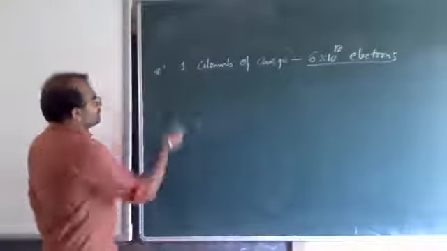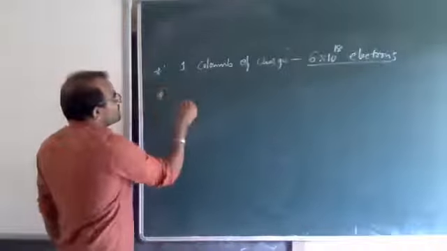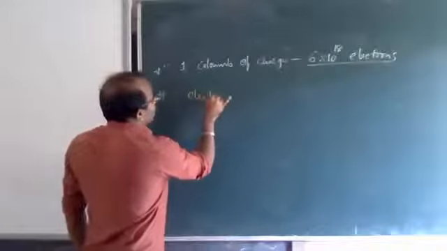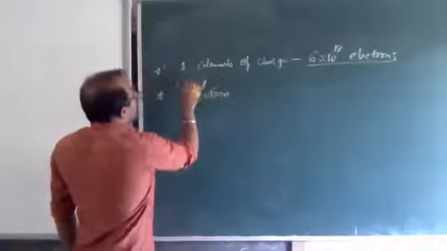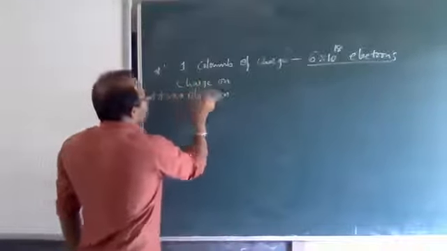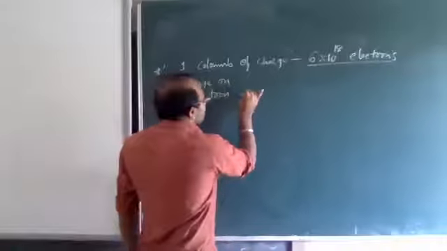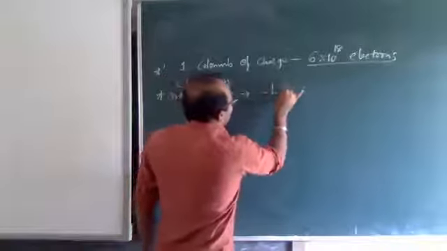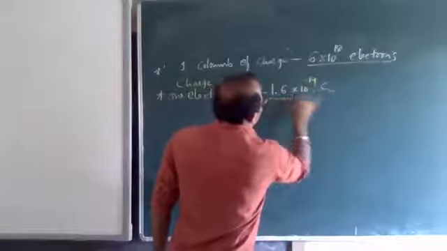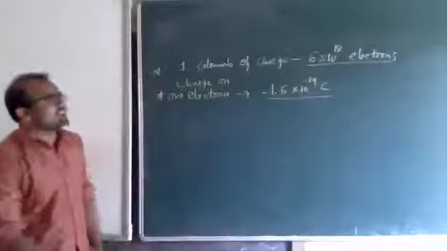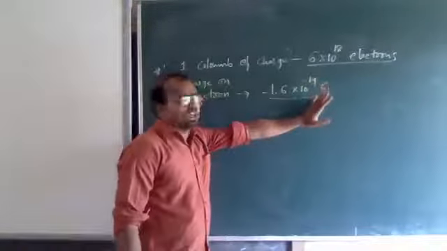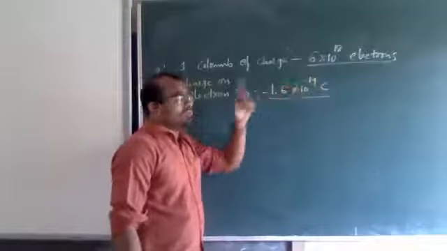Then, the charge on 1 electron is minus 1.6 into 10 to the power minus 19 coulomb. Sorry, this is the charge on 1 electron.